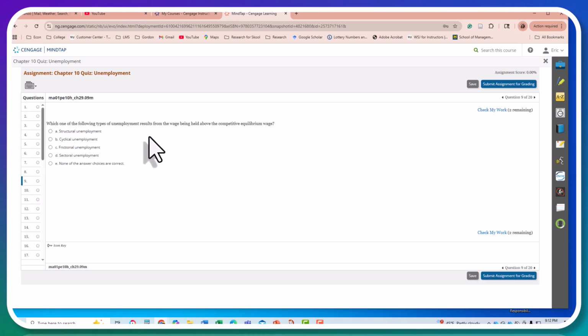Which of the following types of unemployment results from the wage being held above competitive equilibrium? It is not frictional. It's not cyclical.